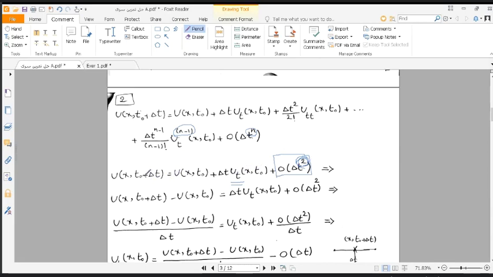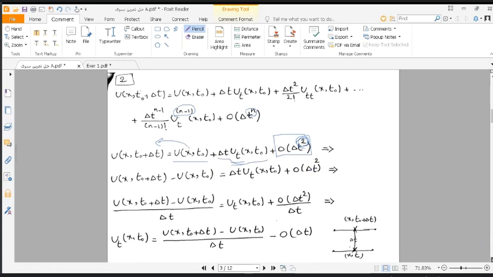Then we have u(x, t0 plus delta t) equals u(x, t0) plus delta t u_t(x, t0) plus O of delta t squared. Okay? Then we move u(x, t0) from right to left, and we have u(x, t0 plus delta t) minus u(x, t0) equals delta t u_t(x, t0) plus O of delta t squared.